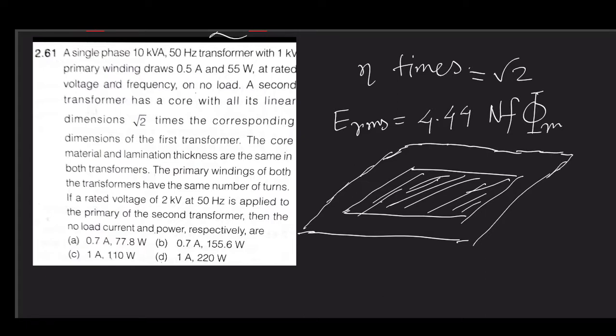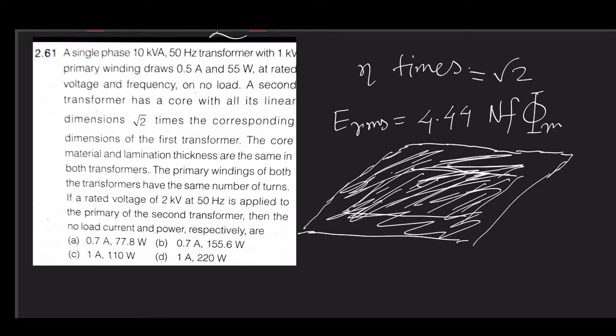I am taking the cross sectional area of the core that is perpendicular to the direction of the lamination. So now this is our modified area. So we can understand that area will increase by an amount of how much? It will increase by a factor of n square.